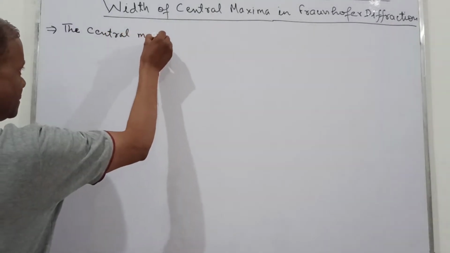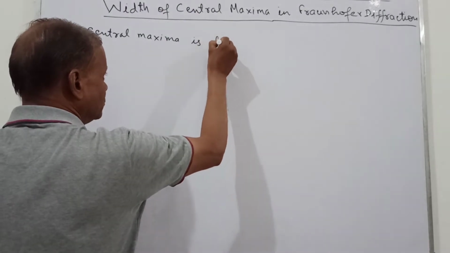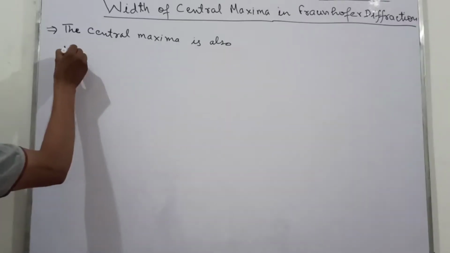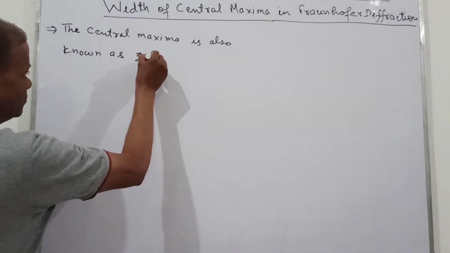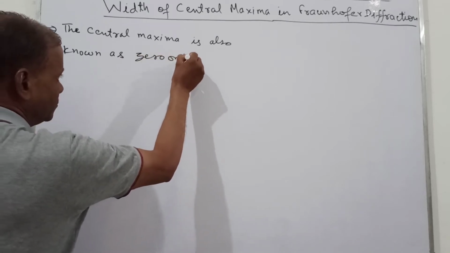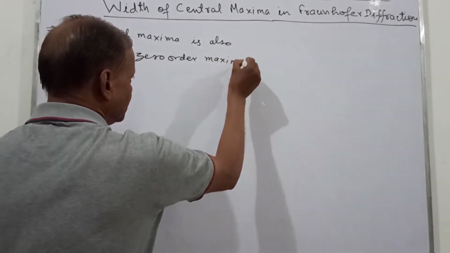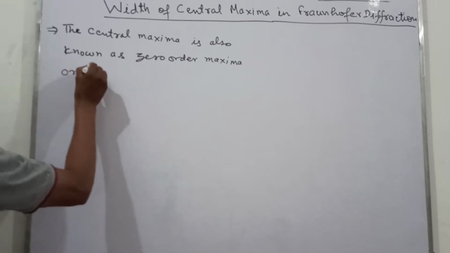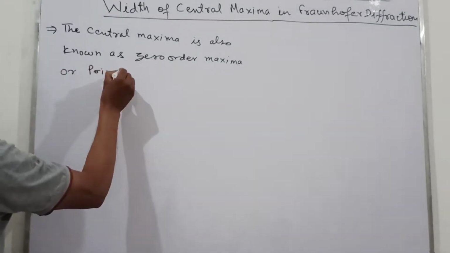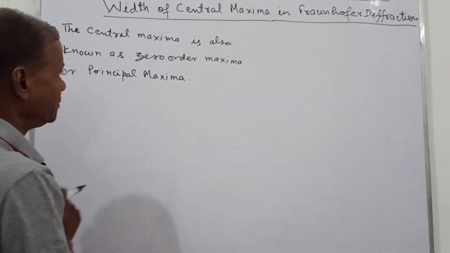The central maximum is also known as zero order maximum or principal maximum.